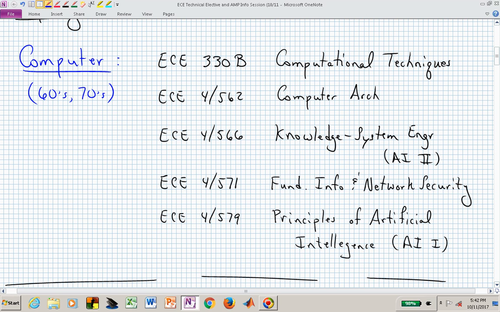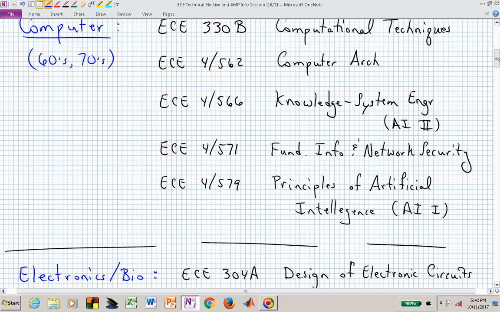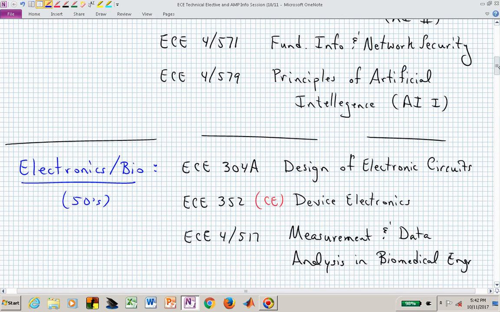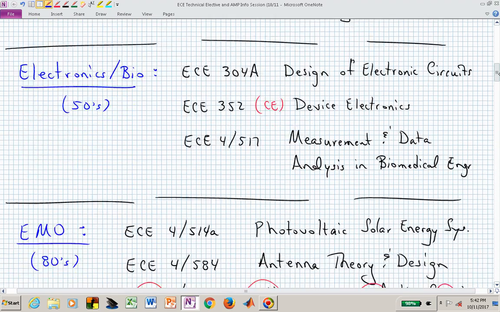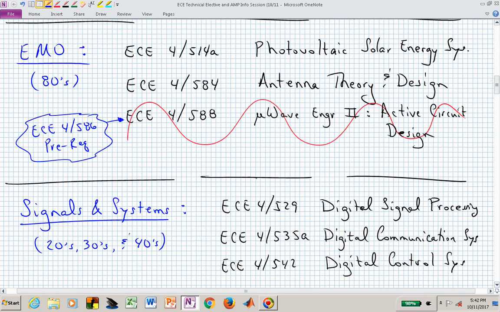Question in the back? So for people that don't want to really pursue much in the computer realm, is there any other class that counts for the ECE degree, maybe renewable energy or something along those lines besides just the photovoltaic class? So the question was, do we have any other energy type or alternative energy classes?